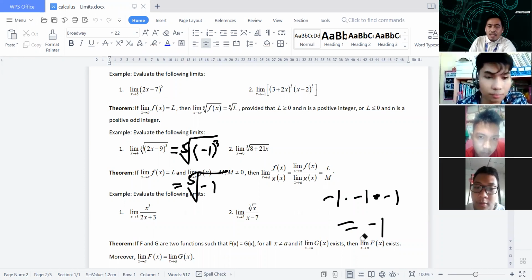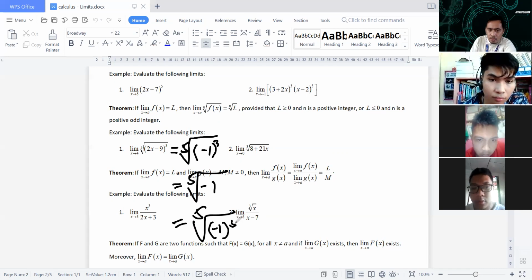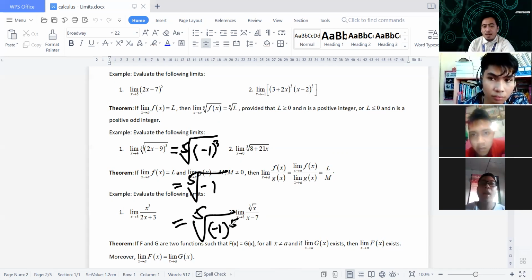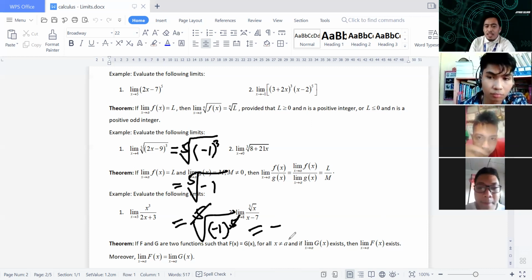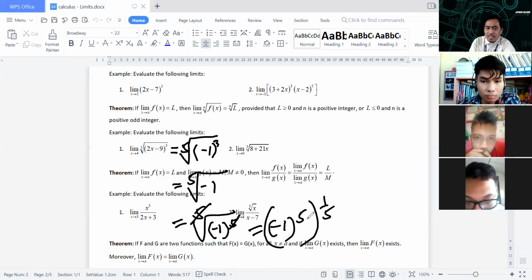That negative 1 can also be written as negative 1 raised to 5. Why raised to 5? Because my index is 5, so they cancel. It can be written as negative 1 raised to 5, all raised to the power of 1 over 5. The two cancel, so the answer is just negative 1. That is the idea for square roots or radicals: rewrite it based on the index, the n. If the index is odd, the answer is negative.